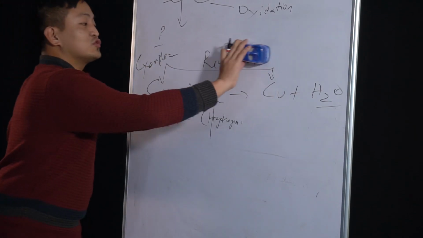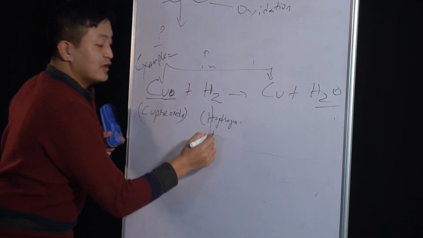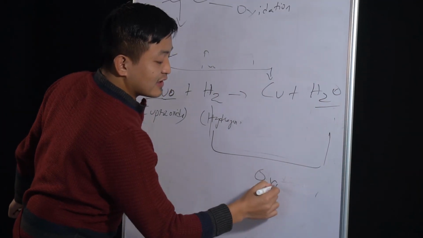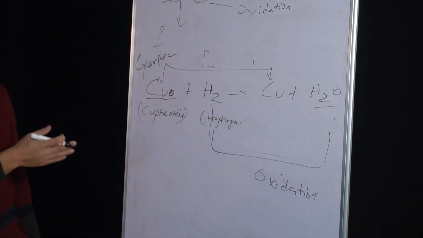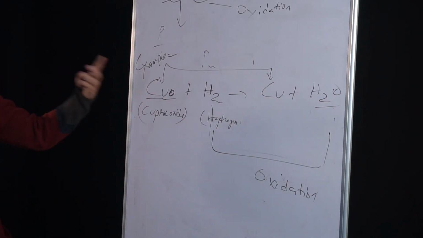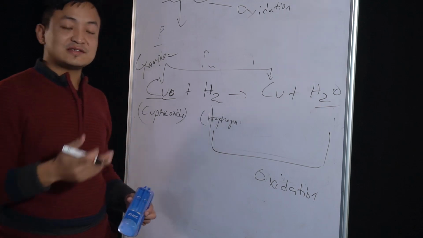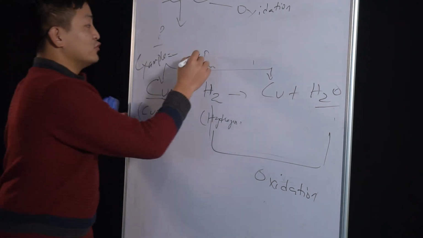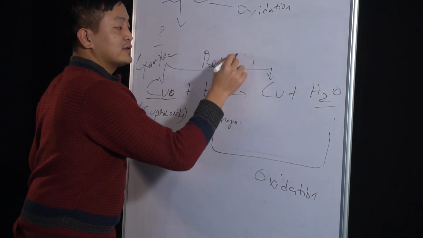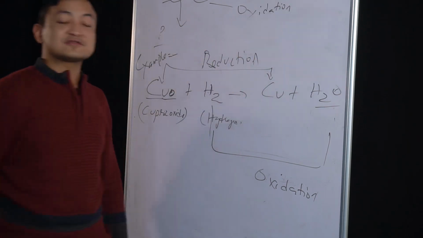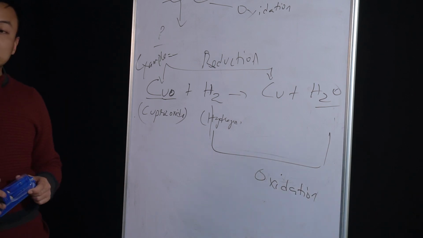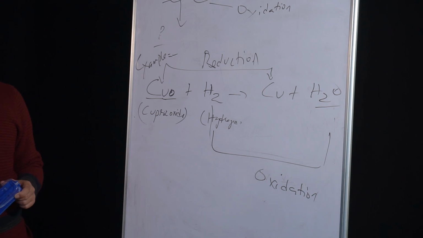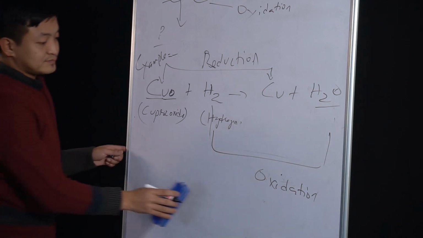Or if you just want to show this equation for oxidation, then you can just write like this. Clear? You have to locate oxidation and reduction, that's it. And for redox reaction, you have to show both the reduction and oxidation.